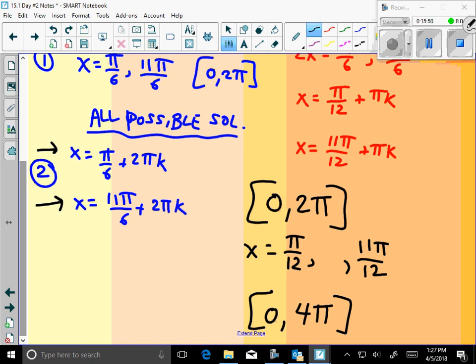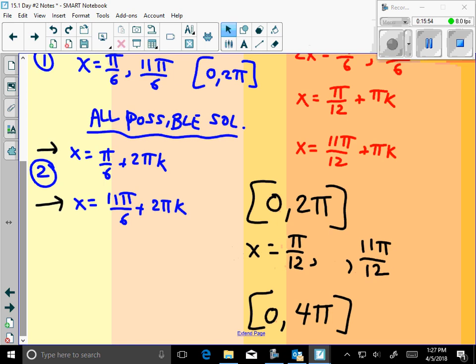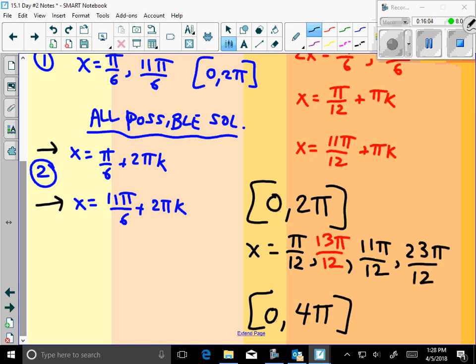So I'm going to add 12 to 1 pi over 12, which would give me 13 pi over 12. And I'd add 12 to 11, which would give me 23 pi over 12. What is 23 over 12 really close to, but just a little bit short of? 2. It's just short of 2 pi.